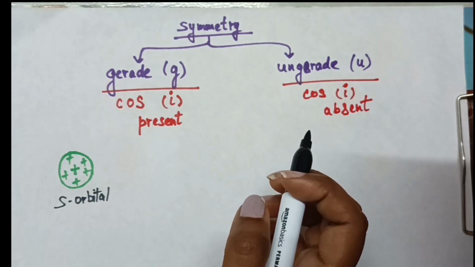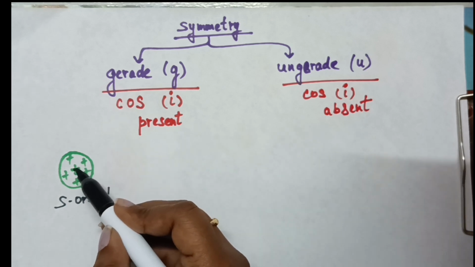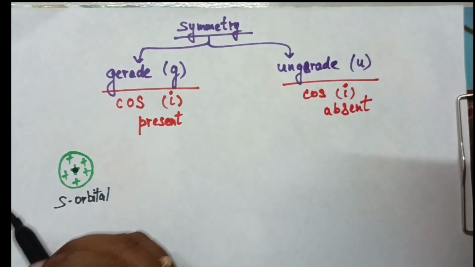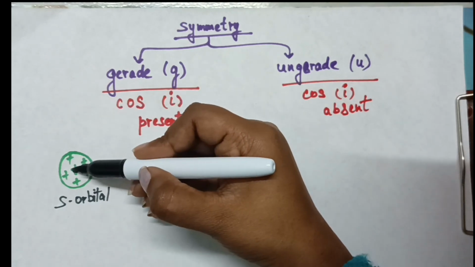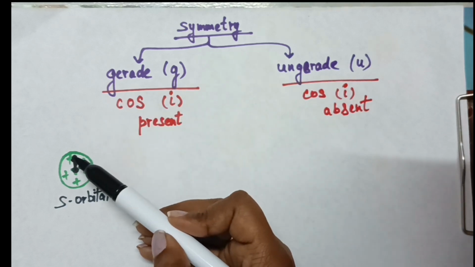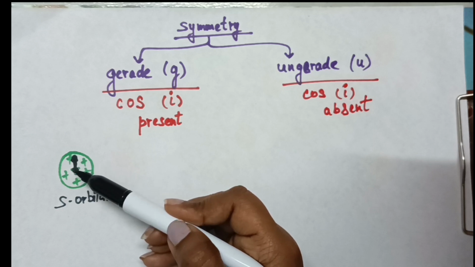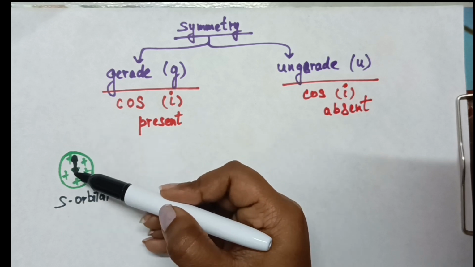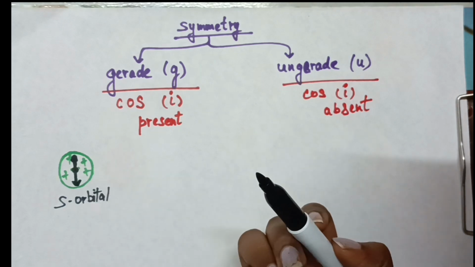If we want to know whether it is gerade or ungerade, what we have to do is take the center. This is the center, and from the center try to move in any direction. Suppose I'm moving in this direction, I'm going to find a positive sign, and just move in the opposite direction of it, again I'll find the positive sign.